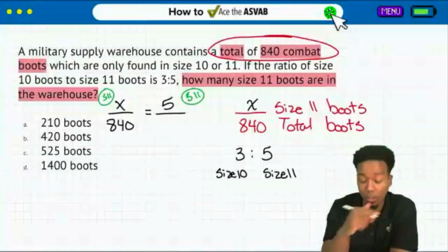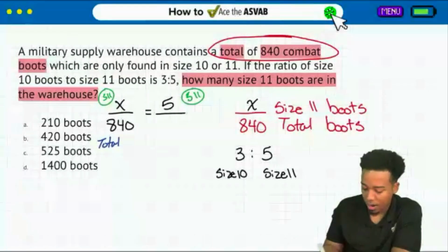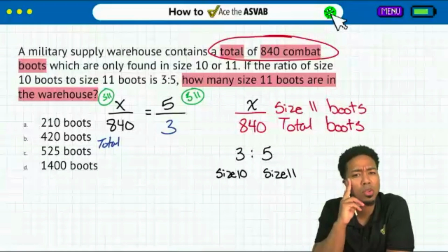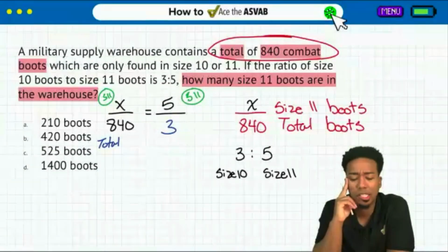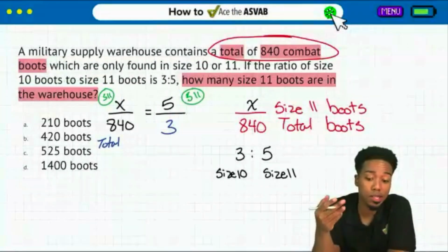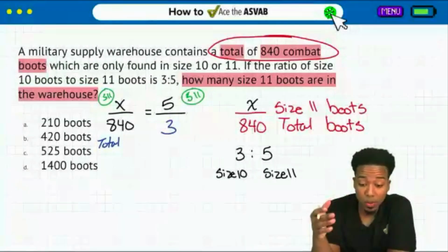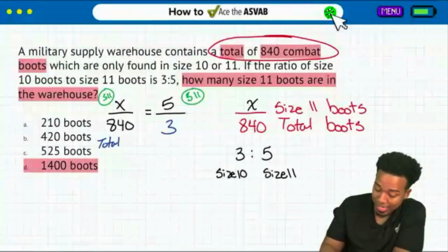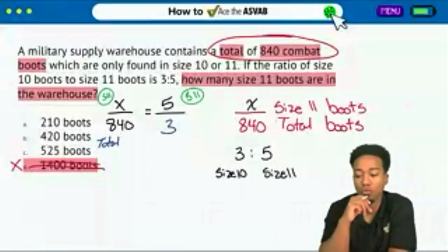if you look at the 840, that represents the total. Everybody, if I were to throw the 3 in there, does the 3 represent the total? It doesn't. So what that means is if you would have actually plugged in the 3, you may have gotten 1400. This is incorrect.